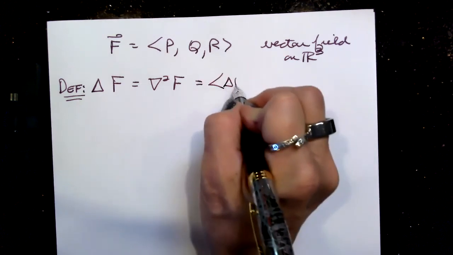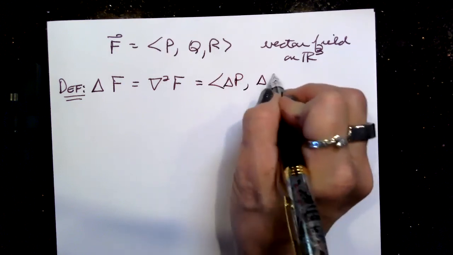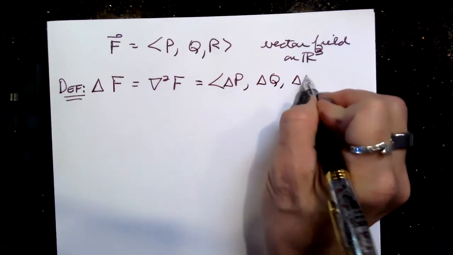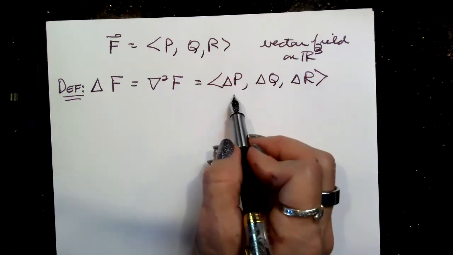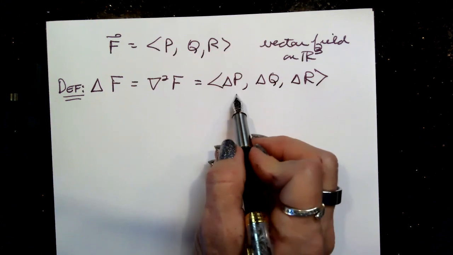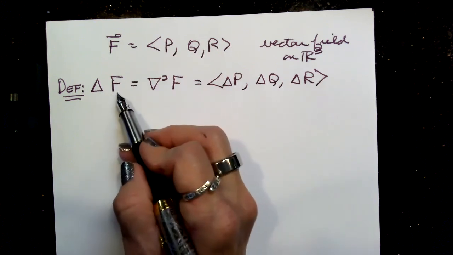We take the Laplacian of P, the Laplacian of Q, and the Laplacian of R. Okay. So what do you mean by the Laplacian of a vector field? You mean the vector field with each component being the Laplacian of the corresponding component of the original vector field.